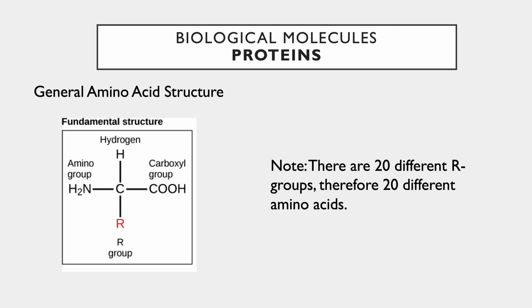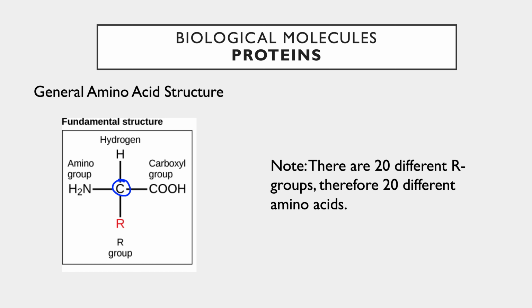And the amino acid, it's a simple molecule which has a fundamental structure that you see here. There's a central carbon atom right in the center, which has 4 different components connected to it.